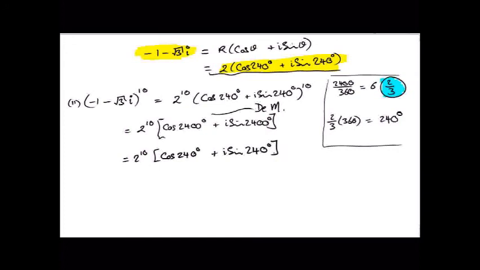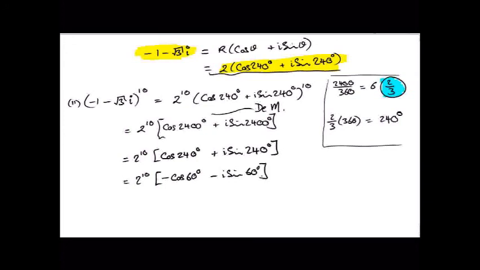Now, would you agree that we are in a quadrant where both cos and sine are negative? Yes? We're in the third quadrant. How do we get into the third quadrant? We add our reference angle to 180. What would you add to 180 that would give you 240? 60. So the cos of 240 is the same as minus the cos of 60, and the sine of 240 is the same as minus the sine of 60.